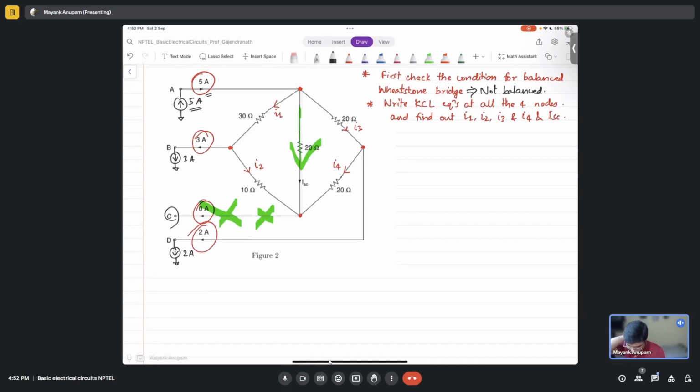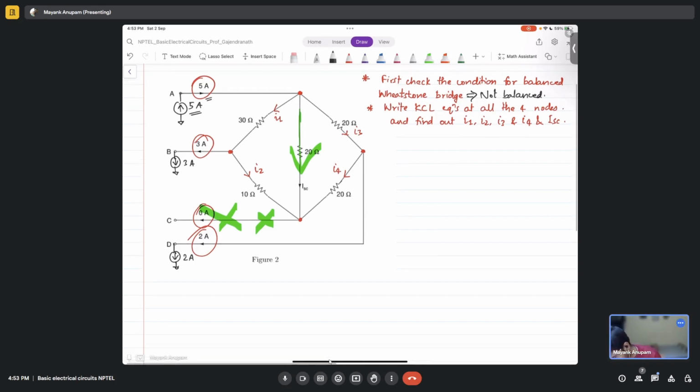C I am not considering because C is simply 0, and 0 is the same as an open circuit. So I can also represent it in this manner. Now you have three different current sources exciting the network, and you want to find out ISC. What will you do now?